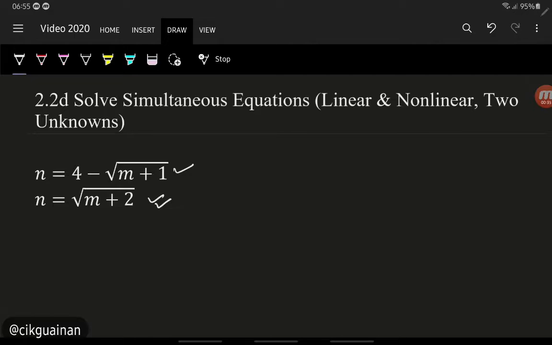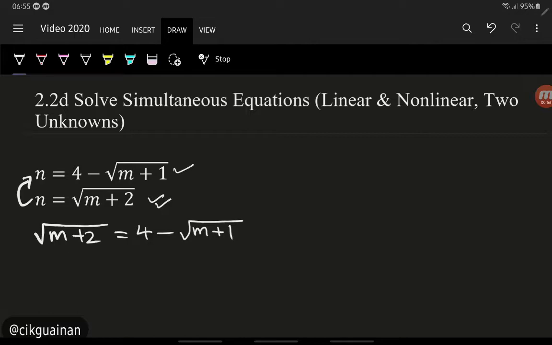we substitute this one into this one, or this one into this one, doesn't really matter actually. So we have square root of m plus 2 equals 4 minus square root of m plus 1.